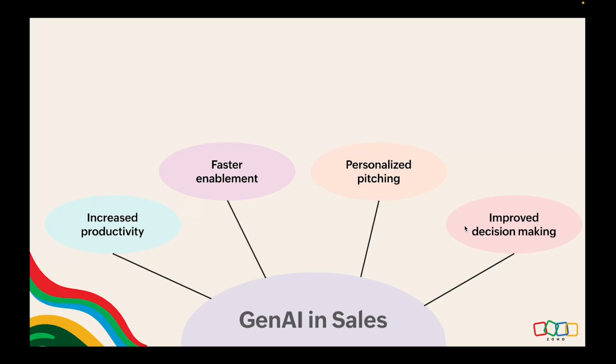Sales reps can access all the data that they need to help them progress through their deals faster. Next, we have personalized pitching. Gen AI is going to help sales teams put their best foot forward when it comes to communications with their customers. And finally, we have improved decision making because Gen AI can help us uncover insights much more quickly from our data.